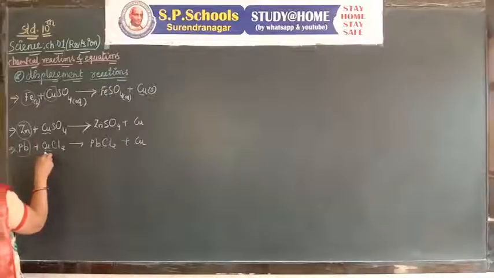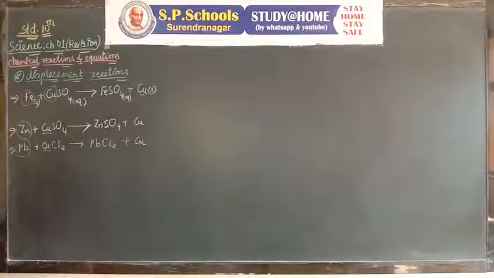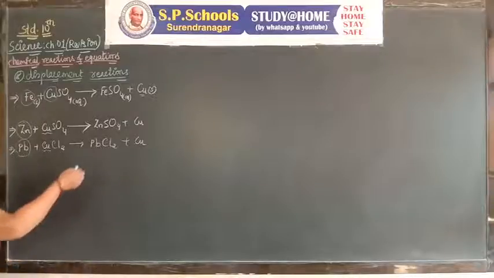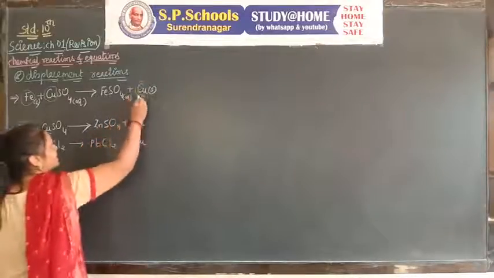Pb is more reactive than the Cu, copper. So we conclude that if the more reactive metal element is present in the reaction, it will make the compound and release the other element.